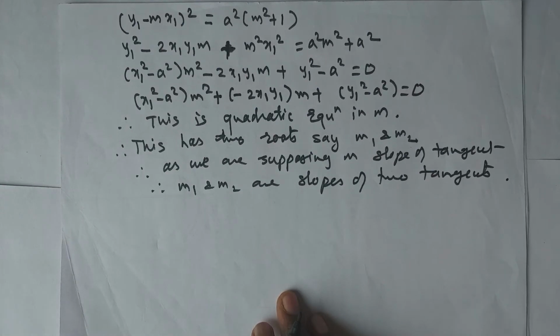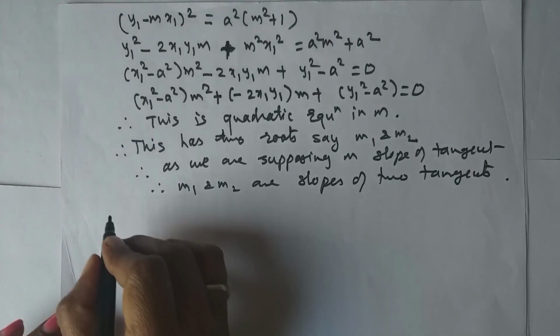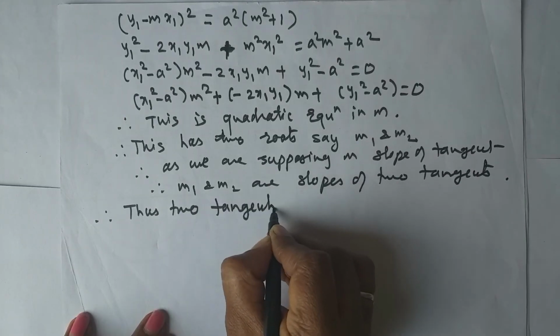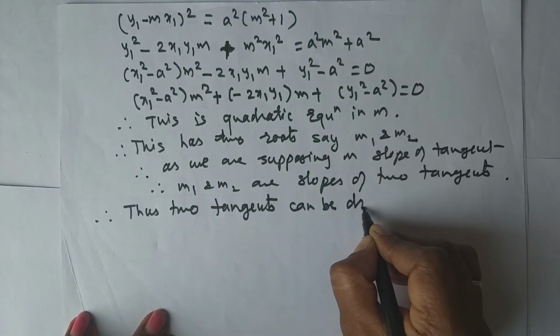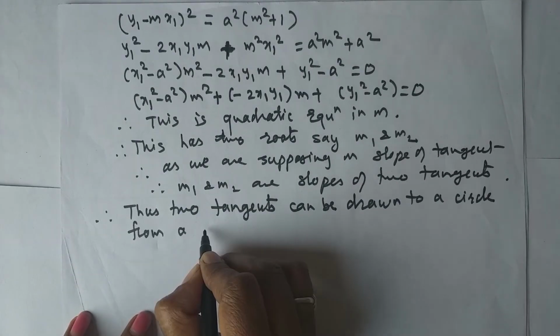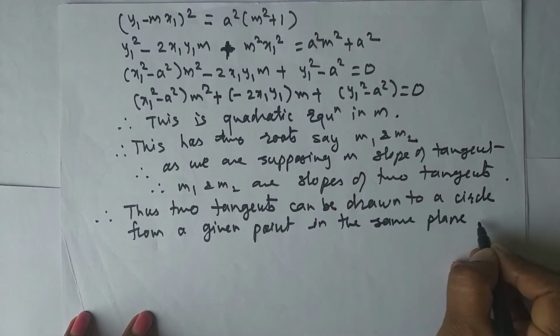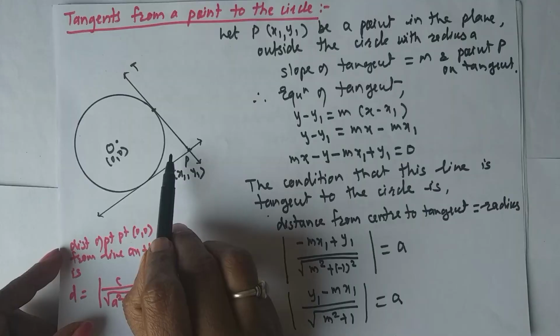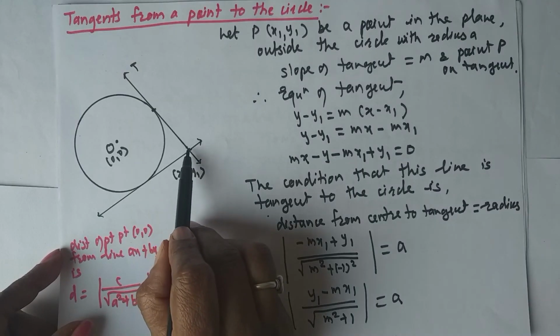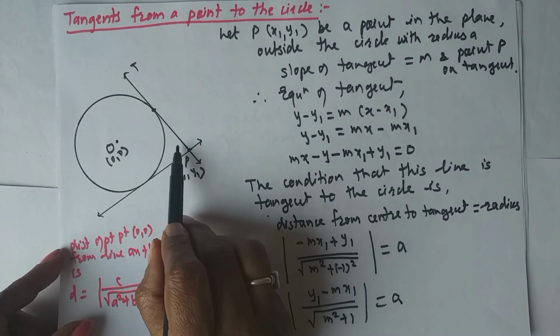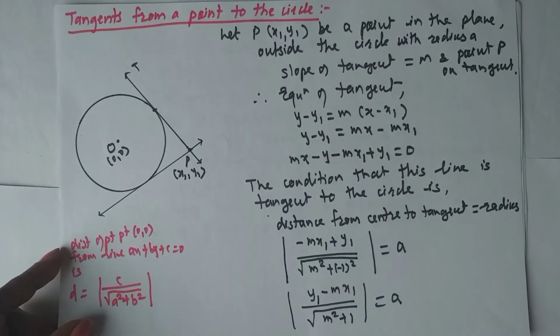Therefore, in general, we can say two tangents can be drawn to a circle from a point outside the circle in the same plane. Thus two tangents can be drawn to a circle from a given point in the same plane. Okay, see the diagram? In this way, we have proved that from a point outside the circle, we can draw two tangents to the circle.